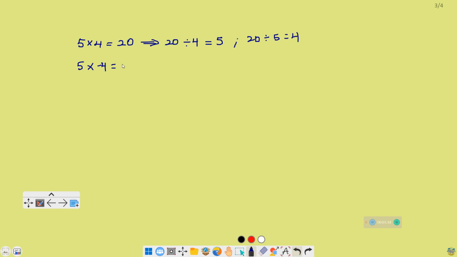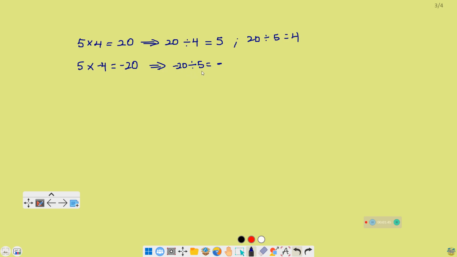We already learned in the topic multiplication of integers that when you multiply a positive and a negative integer, we will get a negative product, right? So when you divide this negative 20 by 5, you will get a negative quotient.